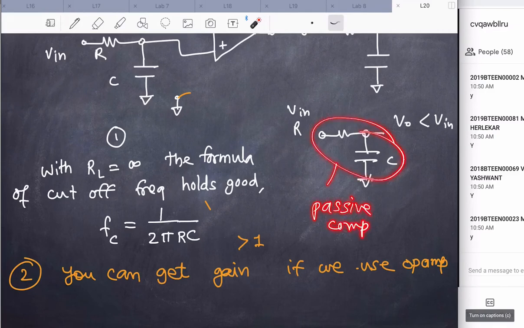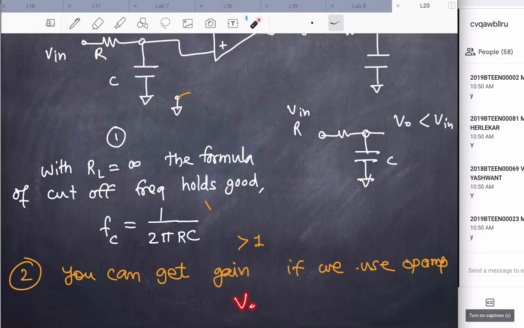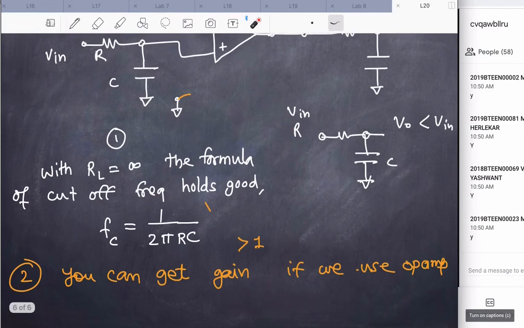If you want VO more than V in, then the only option is to use op amp. Yes or no? Did you understand?